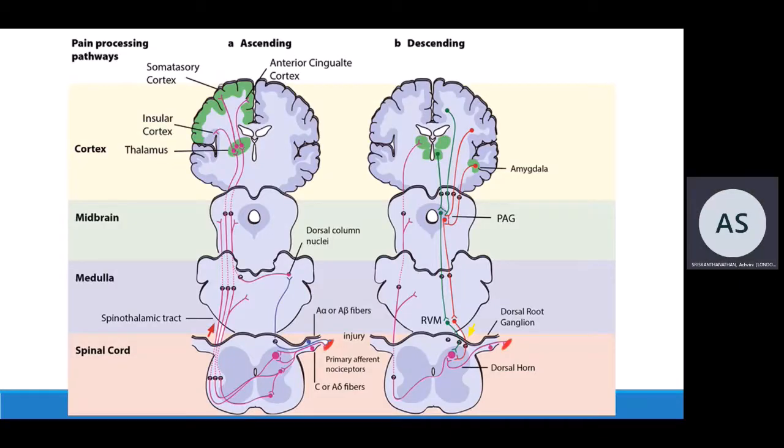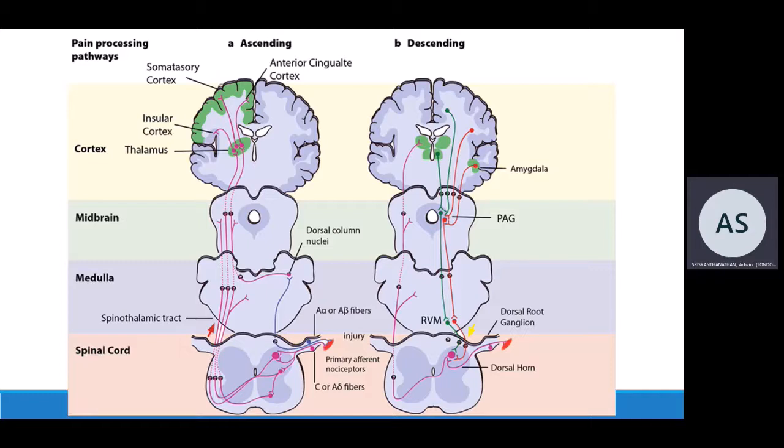So I thought this was just another useful diagram to add in here for you guys to look through for your revision. And just the last little thing that I want to add to what I said. The main brain regions which control these pain experiences are your anterior cingulate and the insular cortex, and also your nuclei in the amygdala and the hypothalamus.